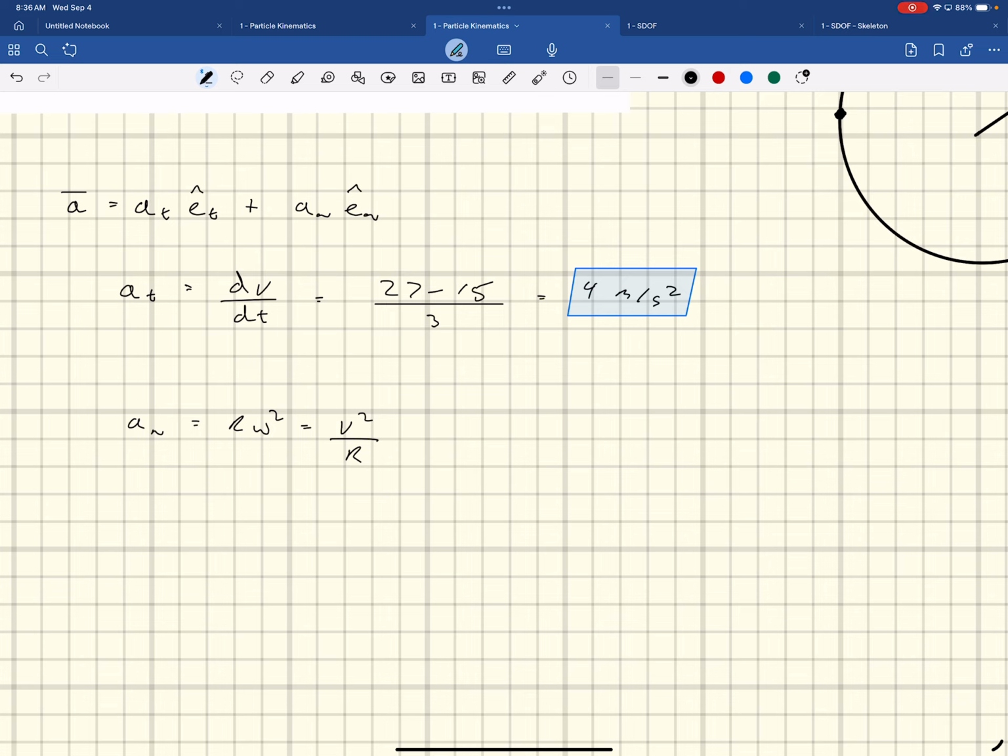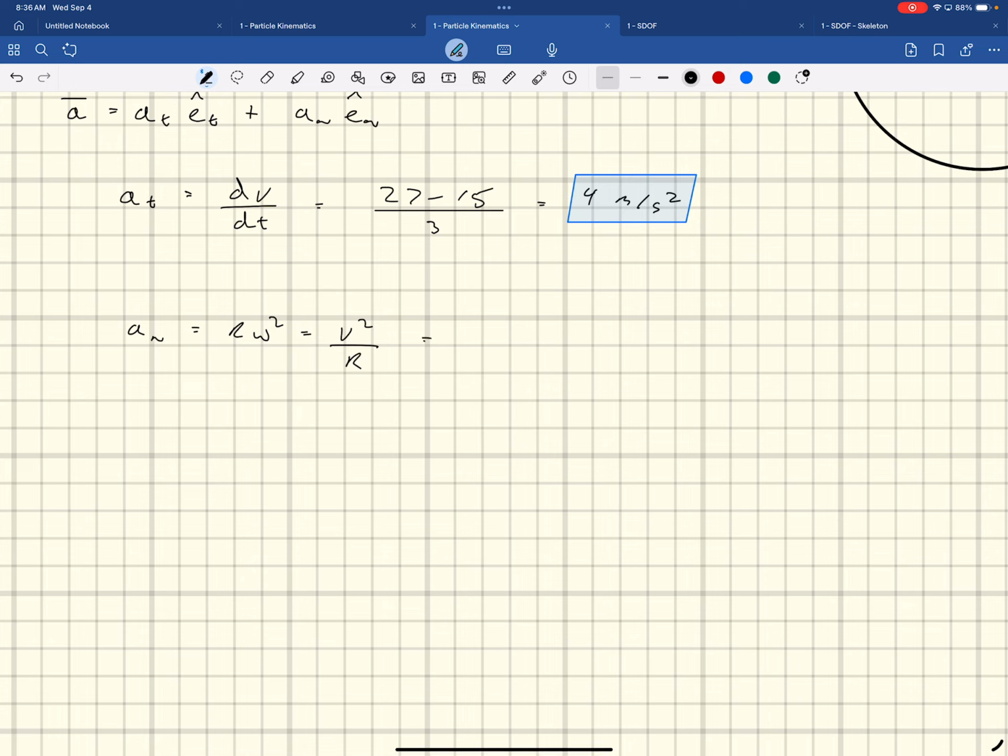In this particular case, it's easier to use V squared over R because it asks me what the acceleration is when V is equal to 20. So V is equal to 20 in this problem, and I'm going to use the V squared over R equation. So 20 was given to us, squared, over the radius, which is 300. And so my answer ends up being 1.33 meters per second squared.